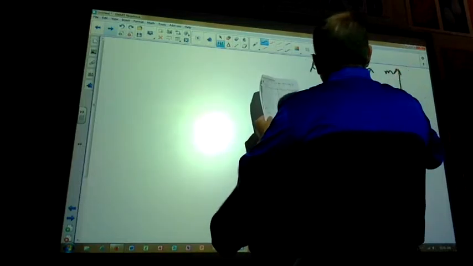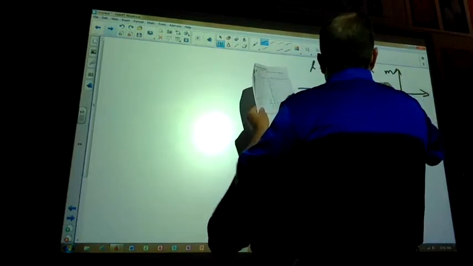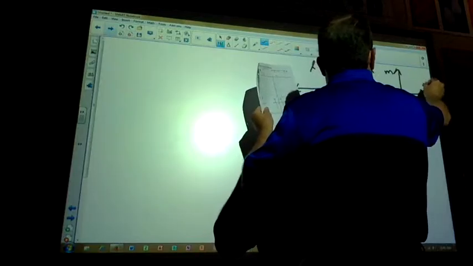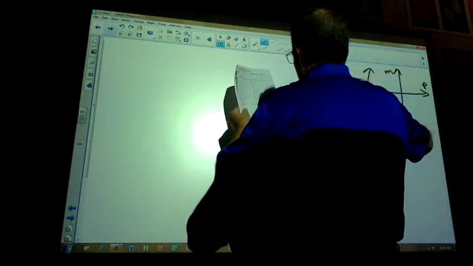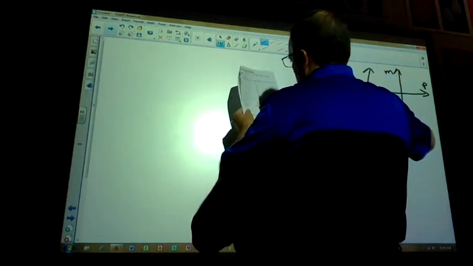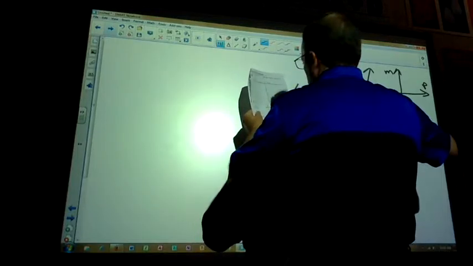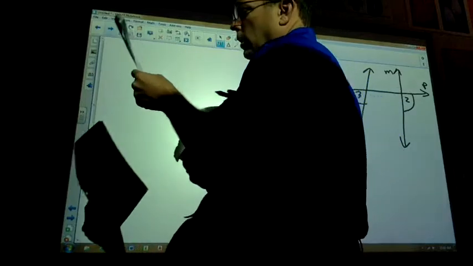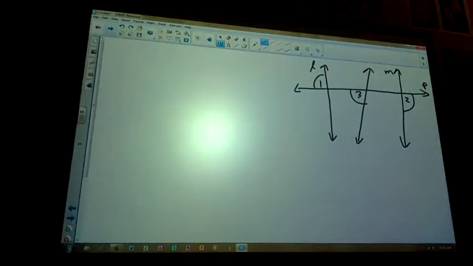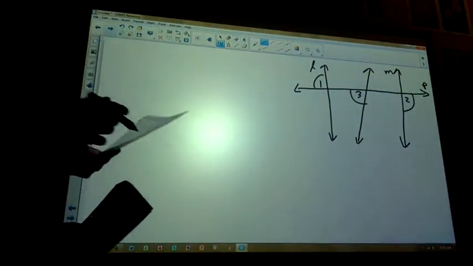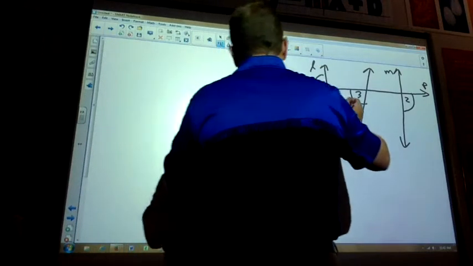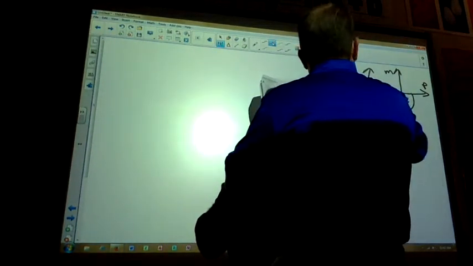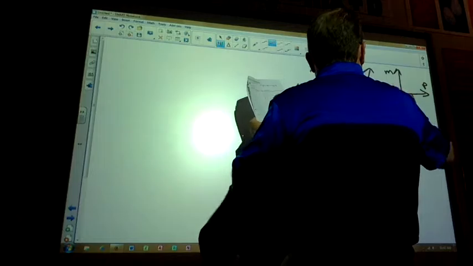Call that M. And we know that a line that intersects two other lines is called a transversal. That's angle 1. That's angle 3. Angle 2. And I'm just going to circle what we need to get to. I want to show that 2 and 3 are equal.